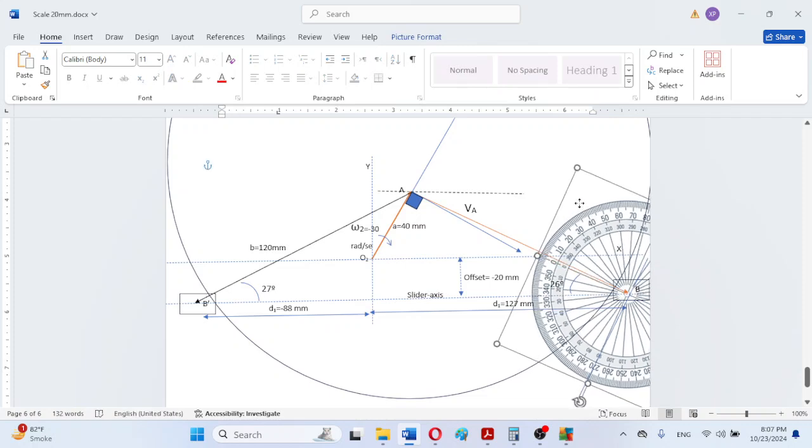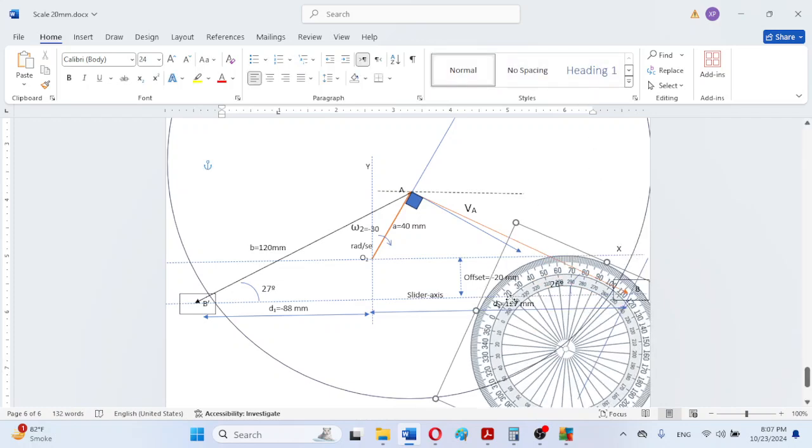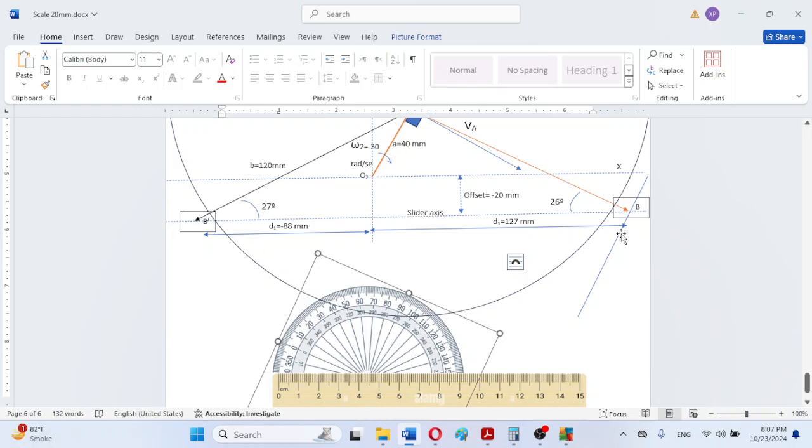Here like this, and now we can observe that this is 90 degrees. This is approximately 90 degrees. So in this way now we can move this cursor out.